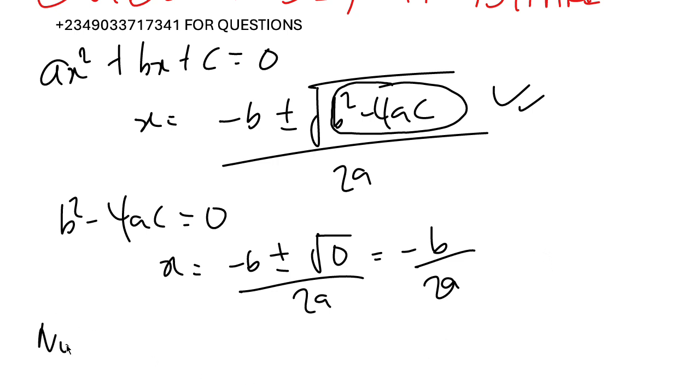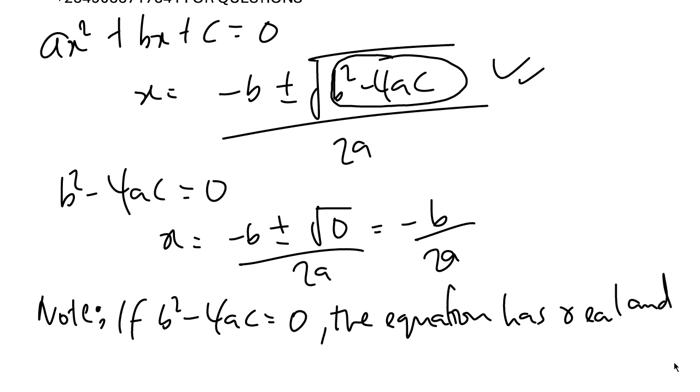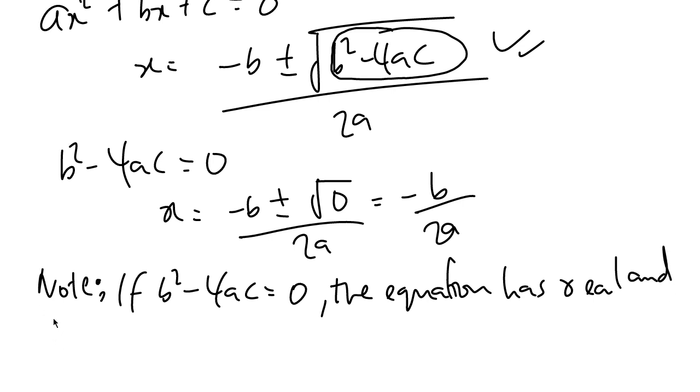So note, if b squared minus 4ac is equal to 0, the equation has real and equal roots.